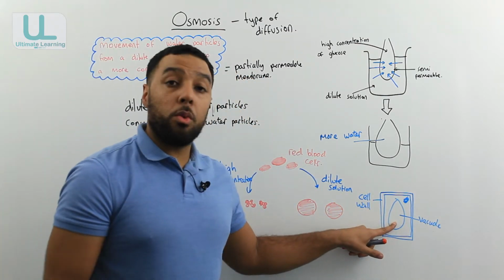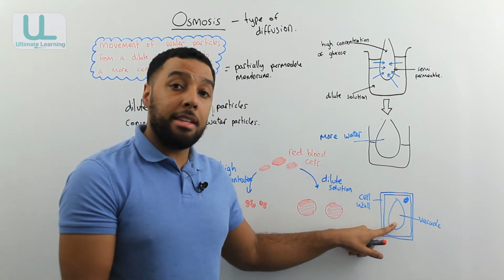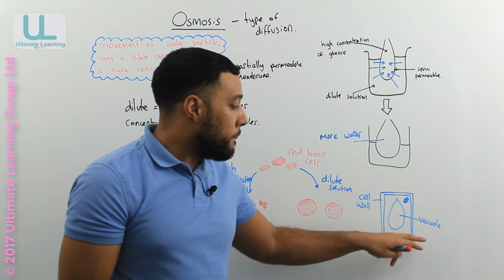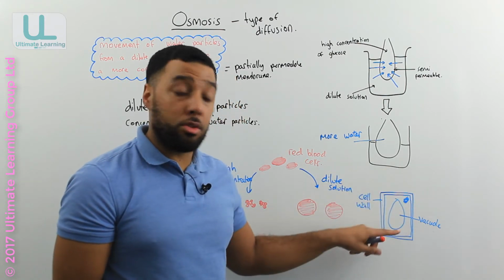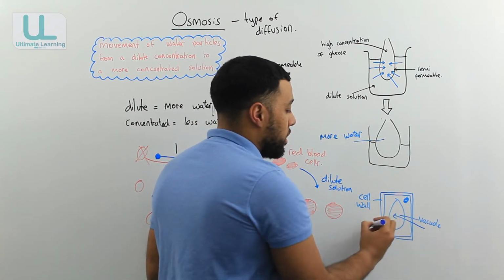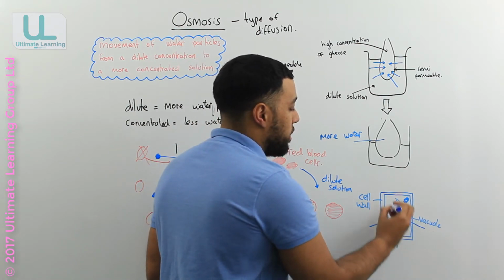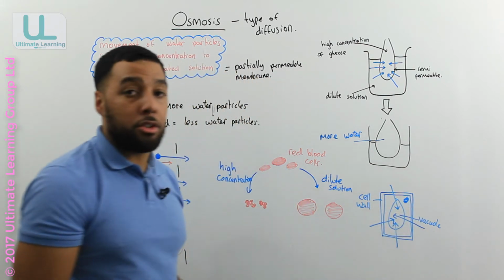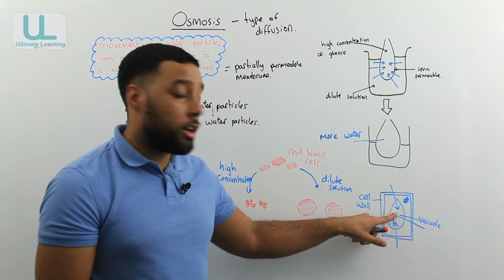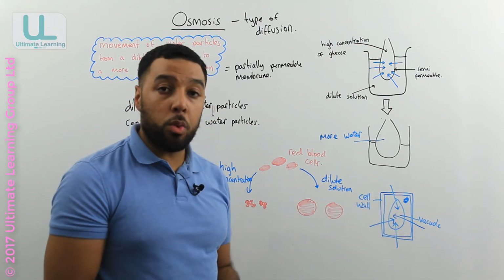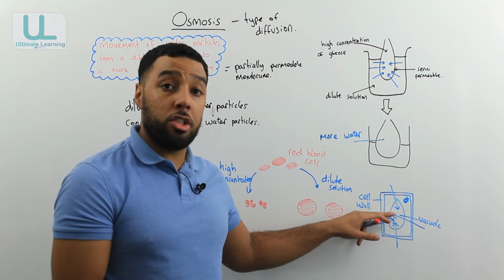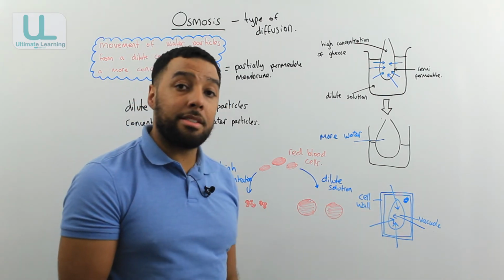Now, if the plant cell is placed into a dilute solution, i.e. there's a lot of water molecules around, well then the water's going to move into the vacuole by osmosis. This will cause the vacuole to swell and to press against the cell wall. This is what makes the plant cell hard and turgid, and it also keeps the stem upright.